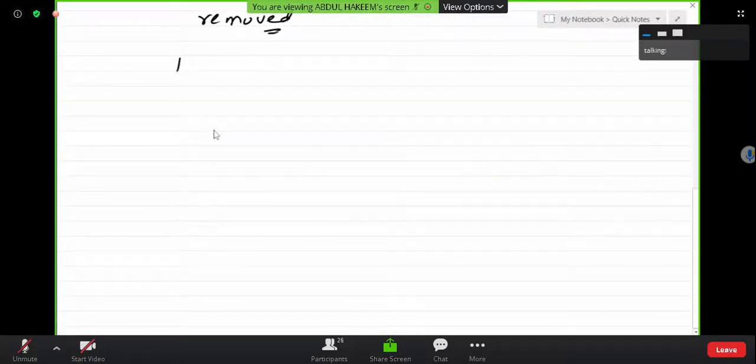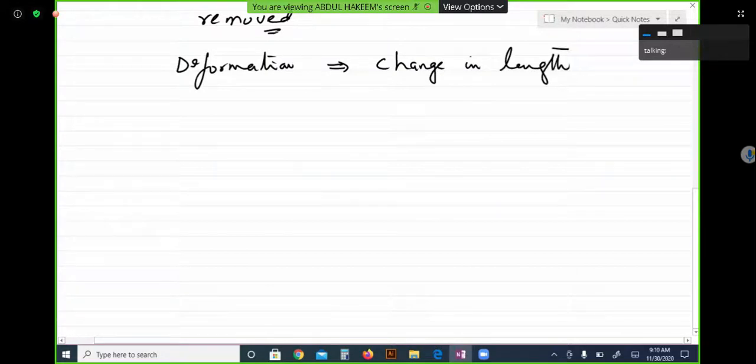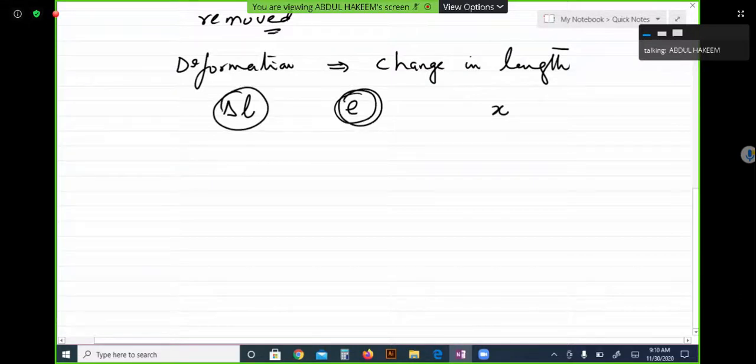Now deformation in solids is actually the change in length, which can be written as delta L, or E, or X. So deformation is length or extension E or X, again tension or compression.